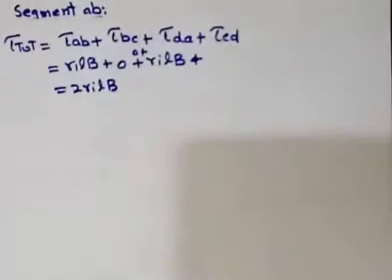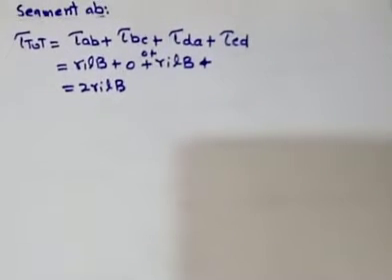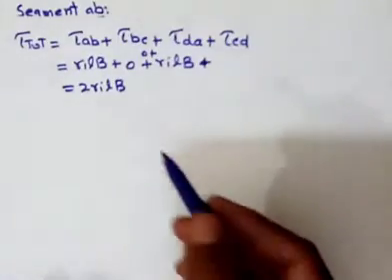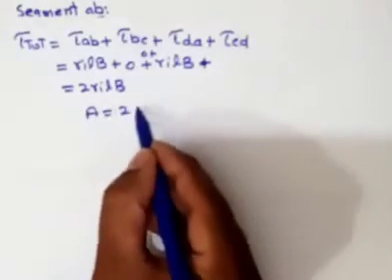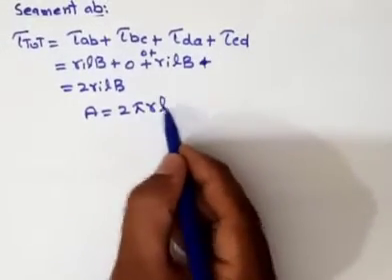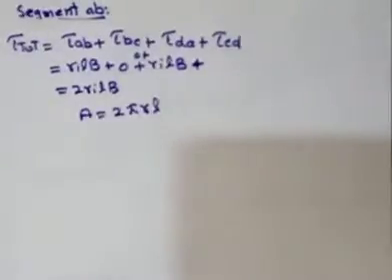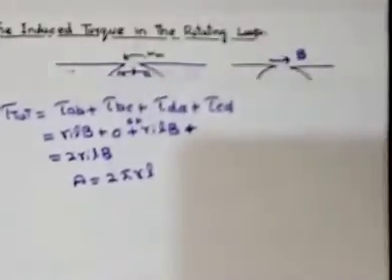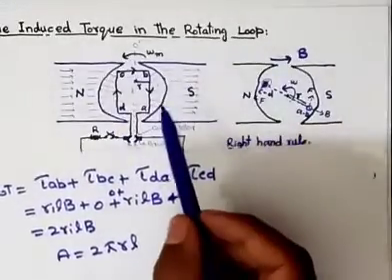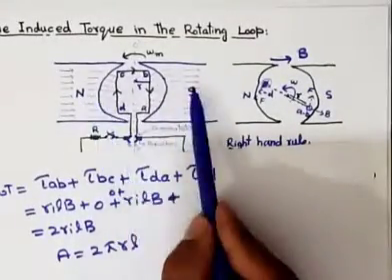As we know, the shape of the rotor is in the form of cylinder. The area of the cylinder is A is equal to 2 pi R L. As you can see in this diagram, there are two number of poles.